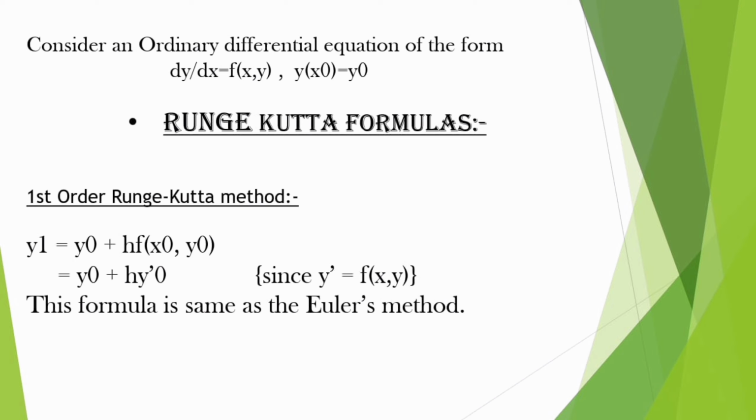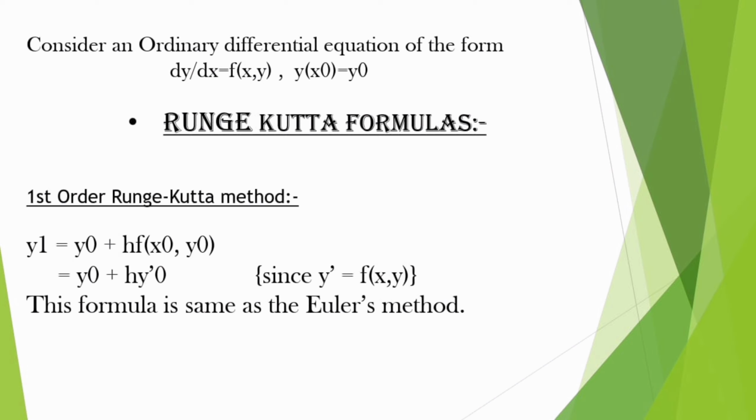Before learning about the RK method, let's have a look at the formulas of the first order, second order, third order and fourth order RK method. Now, consider an ordinary differential equation of the form dy by dx is equal to f of x comma y, which is a first order and first degree differential equation with its initial condition, that is y(x0) is equal to y0.